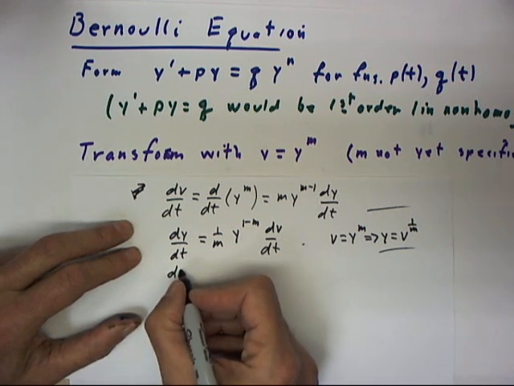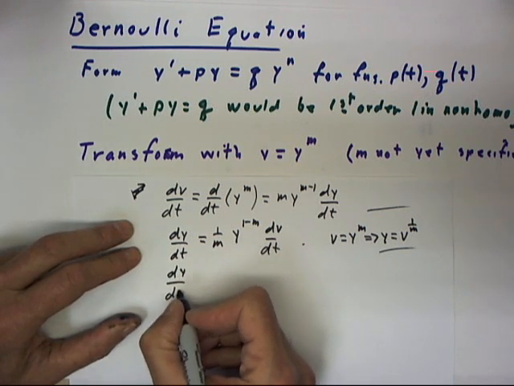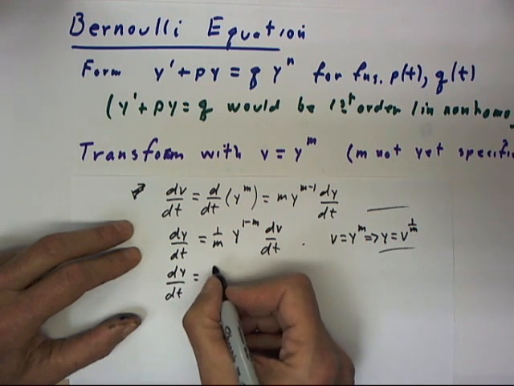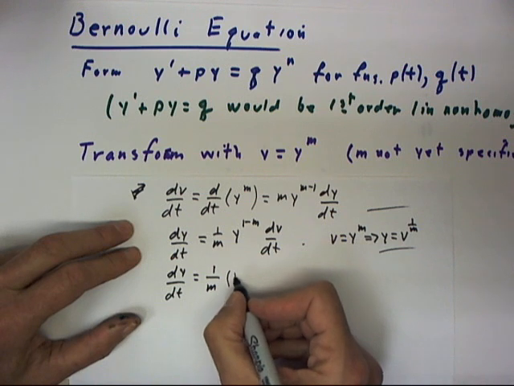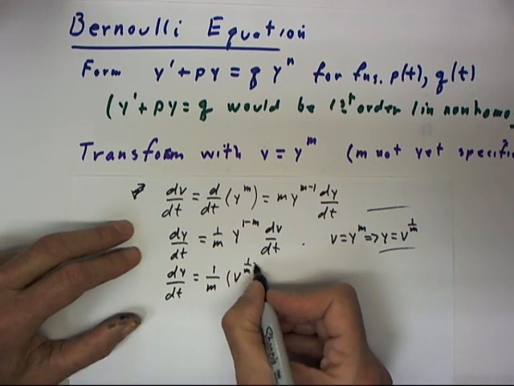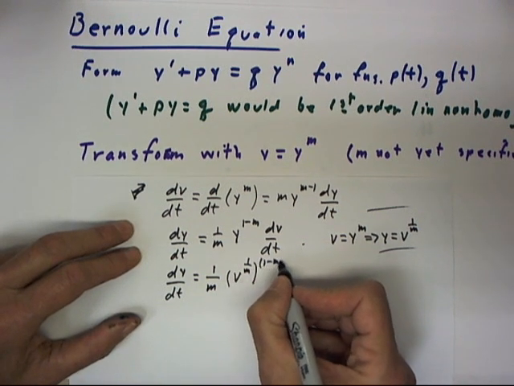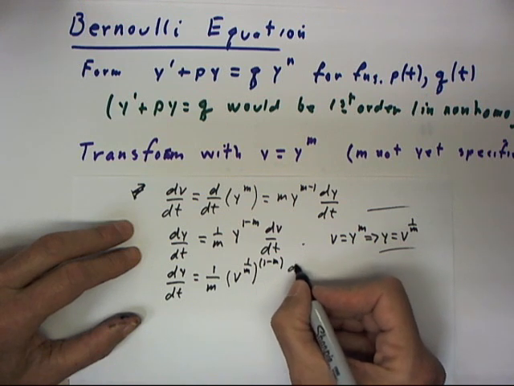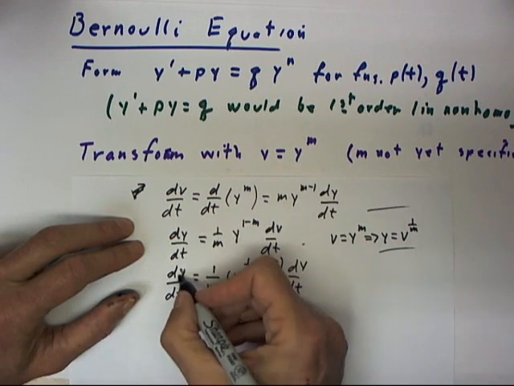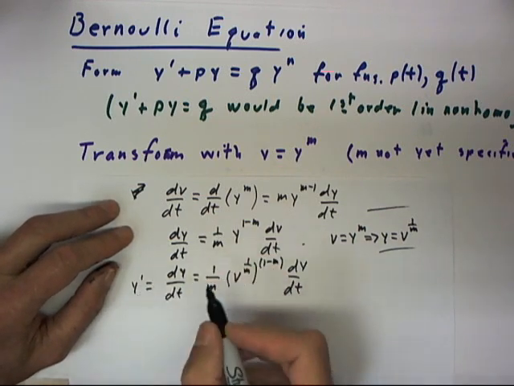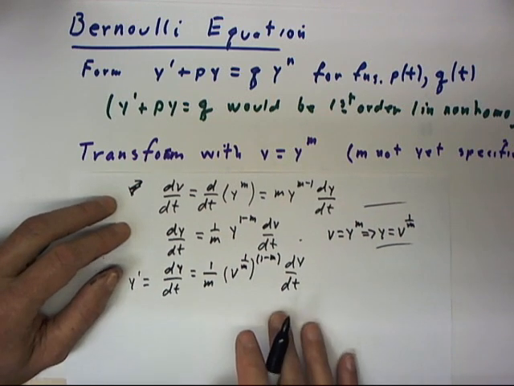So what we have now is that our dy dt is equal to 1 over m times v to the 1 over m raised to the 1 minus m times dv dt. Now we have our y prime expressed in terms of v.